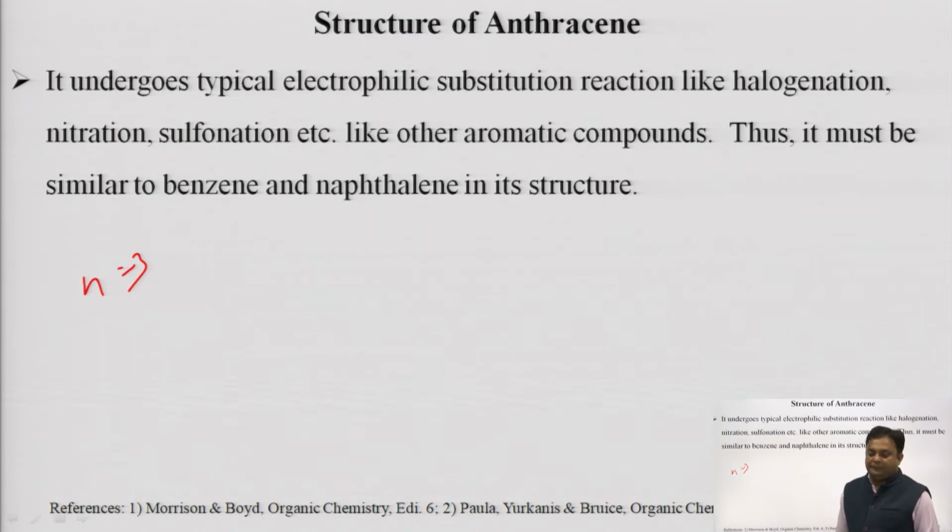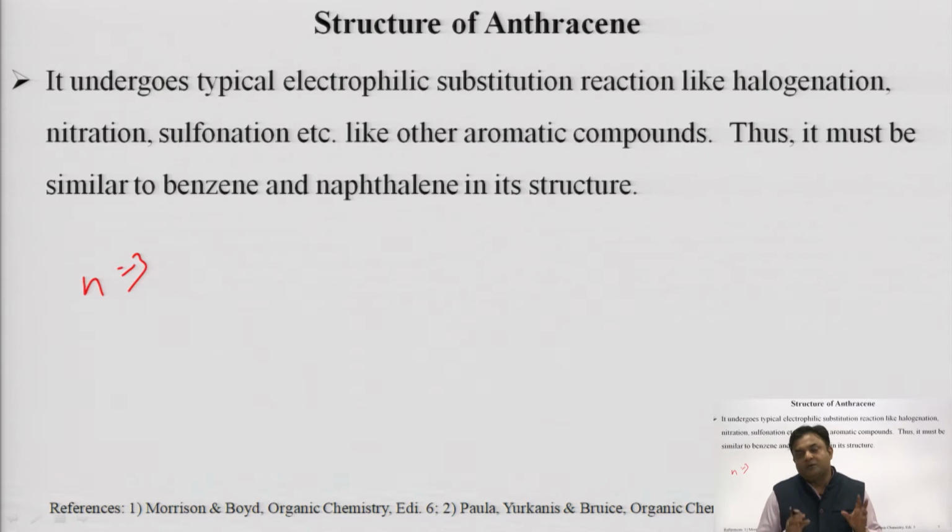So, once it is established that it is an aromatic compound, like benzene and naphthalene, it prefers electrophilic substitution reactions when it undergoes reactions, because of the presence of an electron cloud above and below the plane of the anthracene.